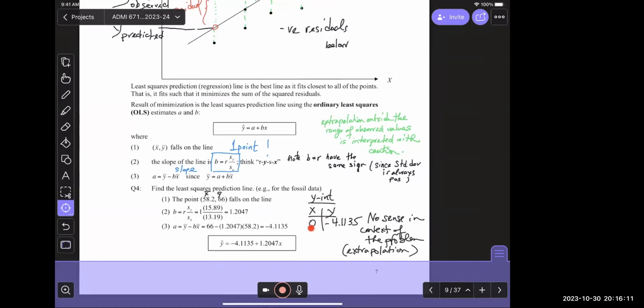Femur. Humerus. So X will not be zero in our data set because we have actual specimens. But this is the correct interpretation of the numbers, right? Tell me about the slope now.